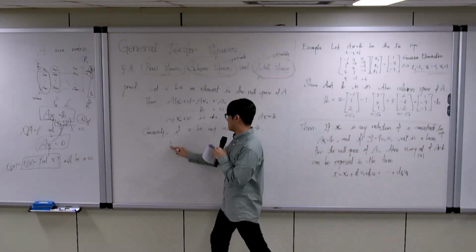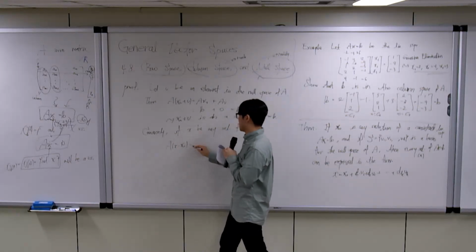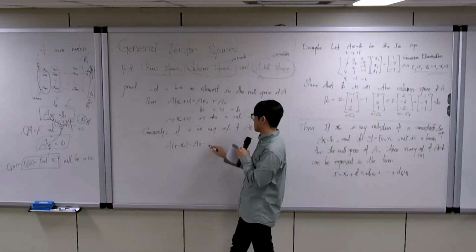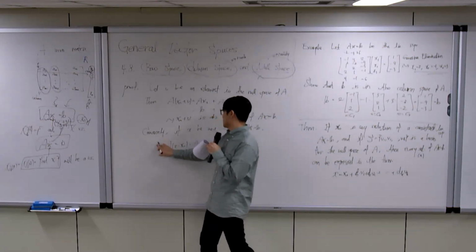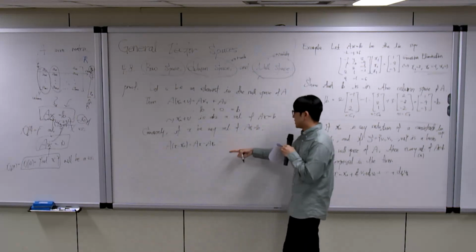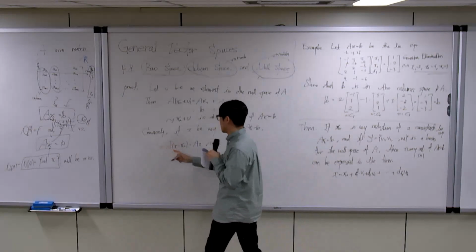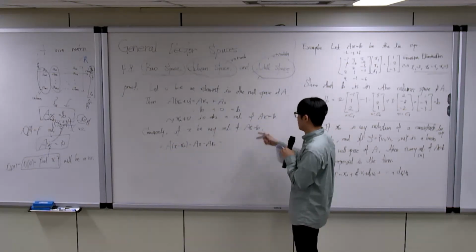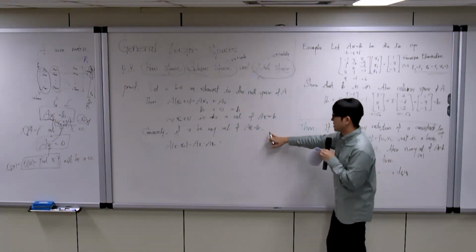So A(x minus x0) is Ax minus Ax0, and Ax0 was b, and x was a solution of this system.